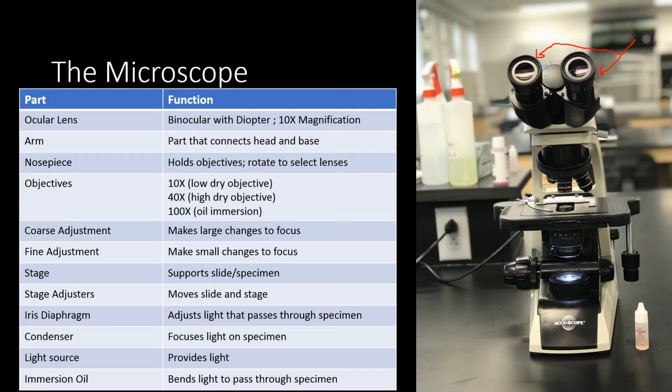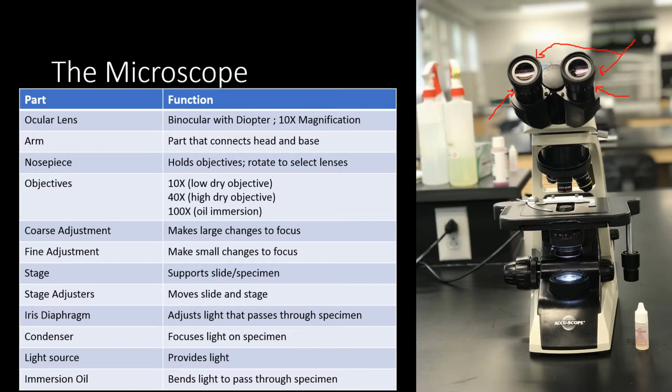Now, what's special about these oculars is that they also have something called a diopter. If your monitor is good enough, you probably see the dashed lines here that make a ring around the oculars. This allows you to independently focus your eyes for the microscope. So when you're sitting down to actually focus on something, you're going to close one eye and focus on your specimen using the other eye.